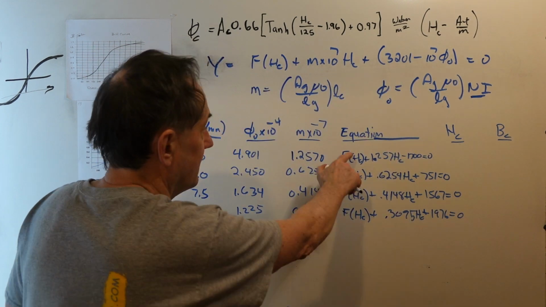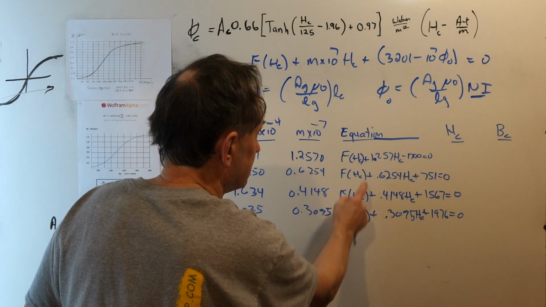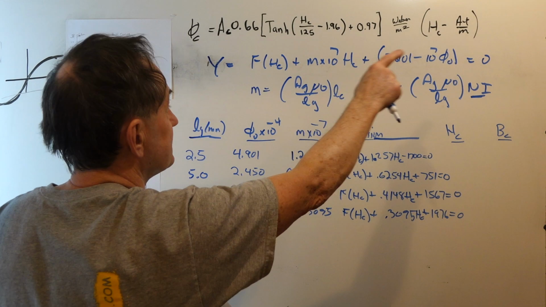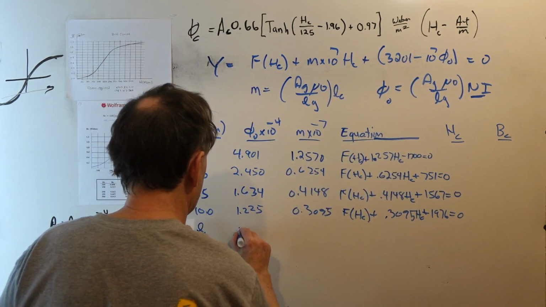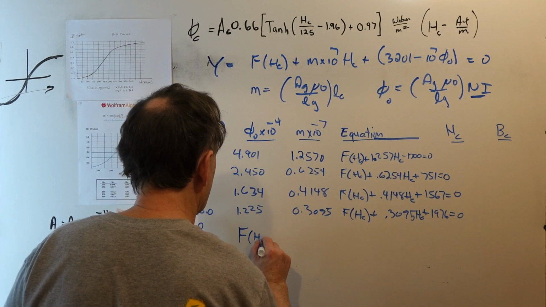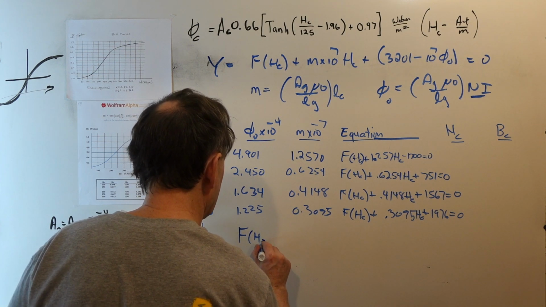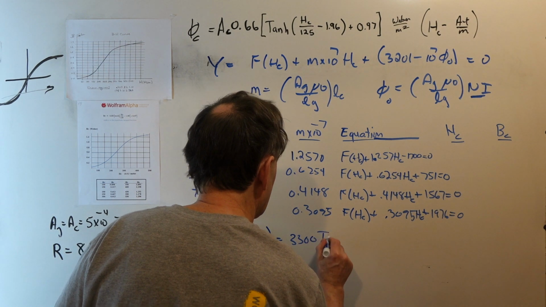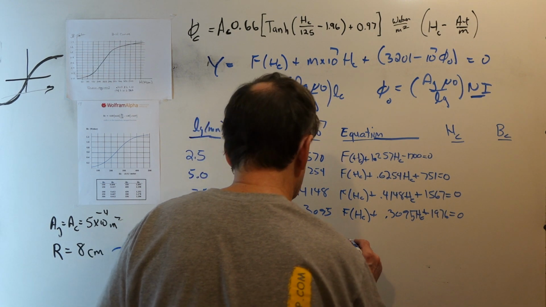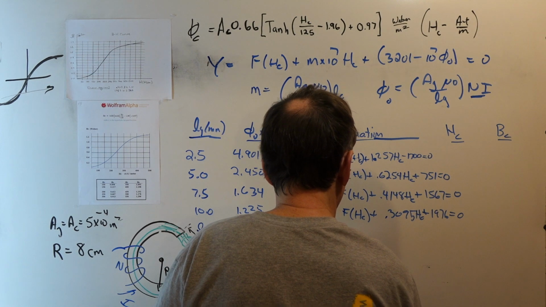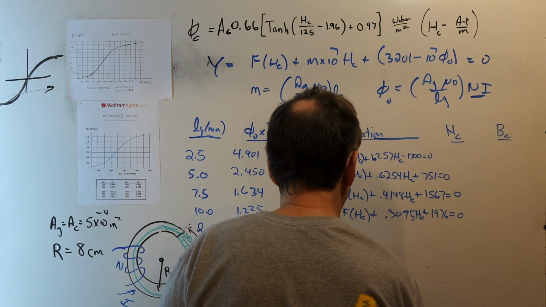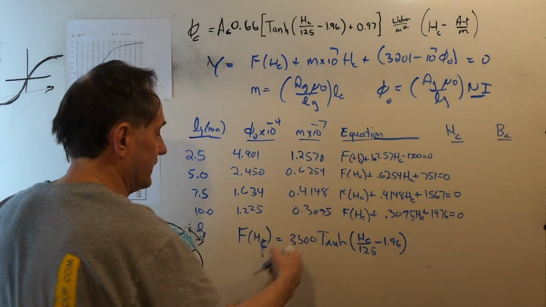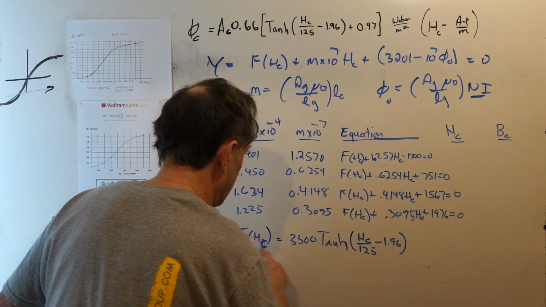Now, these parts of the equations don't change as I change the gap, because our f of HC, remember, is 3,300 times the hyperbolic tangent of HC over 125 minus 1.96. That's the same for all four equations. That's our f of H.